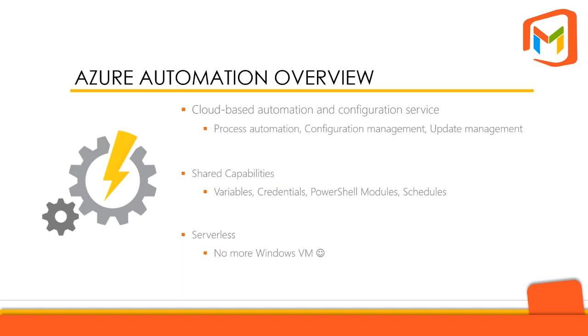We will have the capability to store credentials, and they will be stored securely by Azure. And we will have the ability to store modules that will be consumed by our scripts, and of course to create some schedules for the time when we want our scripts to be executed. All those shared capabilities are stored in one place, and they are consumed by your scripts at all time.